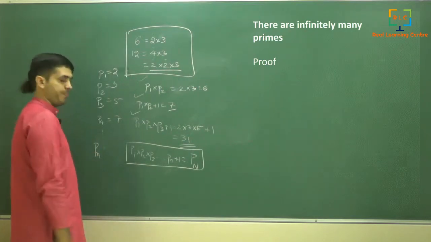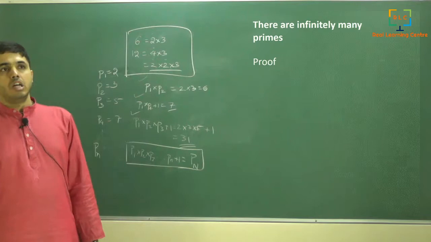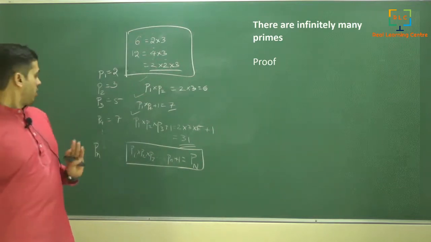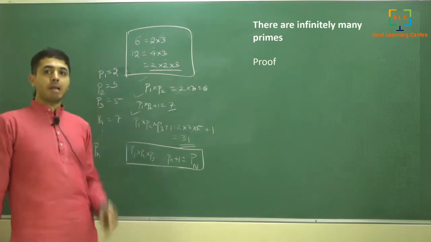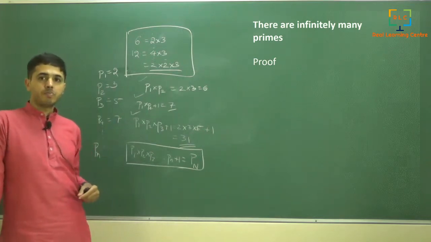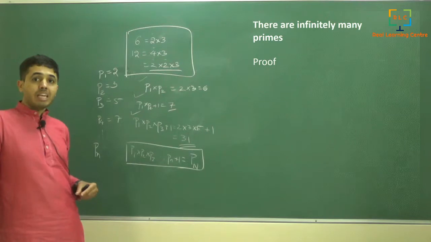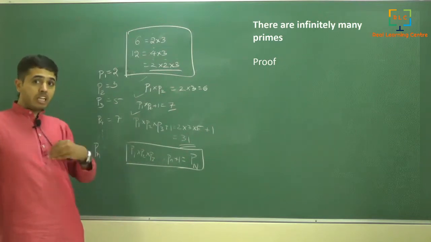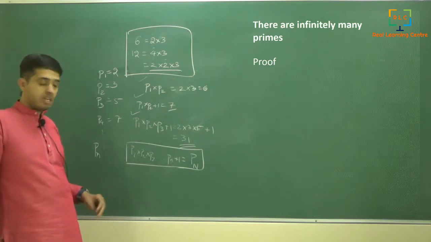Now if I am able to show there is one more prime number bigger than Pn, then I cannot say Pn is the biggest prime number. So the new number that I showed will be a bigger prime number than Pn.